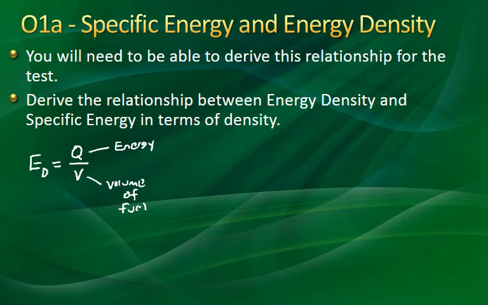Now, energy density is the amount of energy per volume of fuel in meters cubed, and therefore, we can work from here to get to specific energy. Density is mass over volume, so we can cross multiply the density times the volume to get mass, and rearrange to get volume.